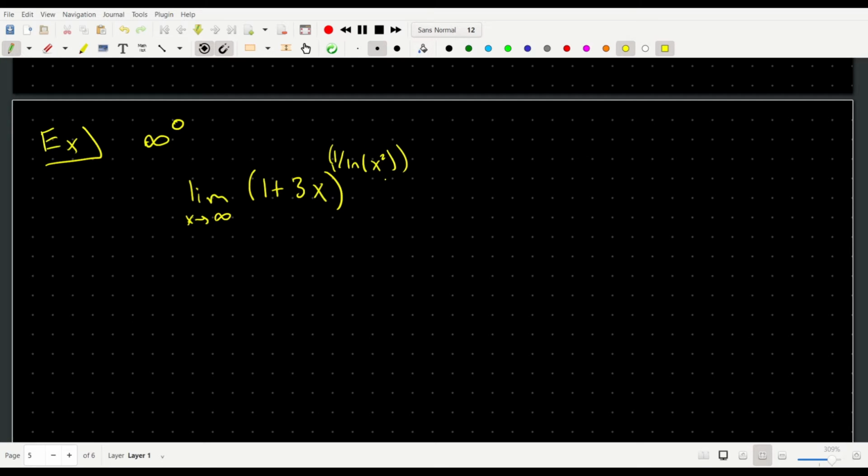The natural log of x squared, as x goes to infinity, is also going to infinity. So 1 over the natural log of x squared is going to 0, and 1 plus 3x, as x goes to infinity, is also going to infinity. So this yields an infinity to the 0 indeterminate form.